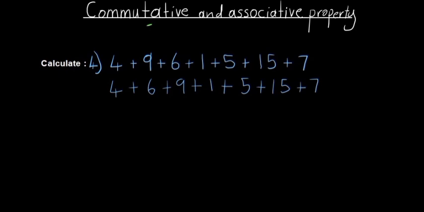Now we are going to use the associative property to identify groups that can add to a 10. So the first group is this one, and the second group is this one.